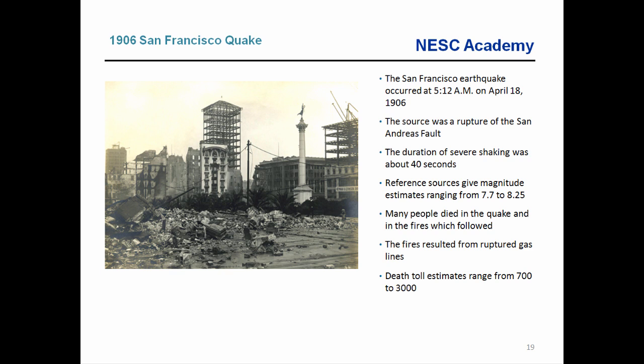And another thing to take into account is anytime there's an earthquake, there's almost certainly going to be aftershocks. So what happens is the initial earthquake causes damage in the structure, causes different types of cracking, for example.